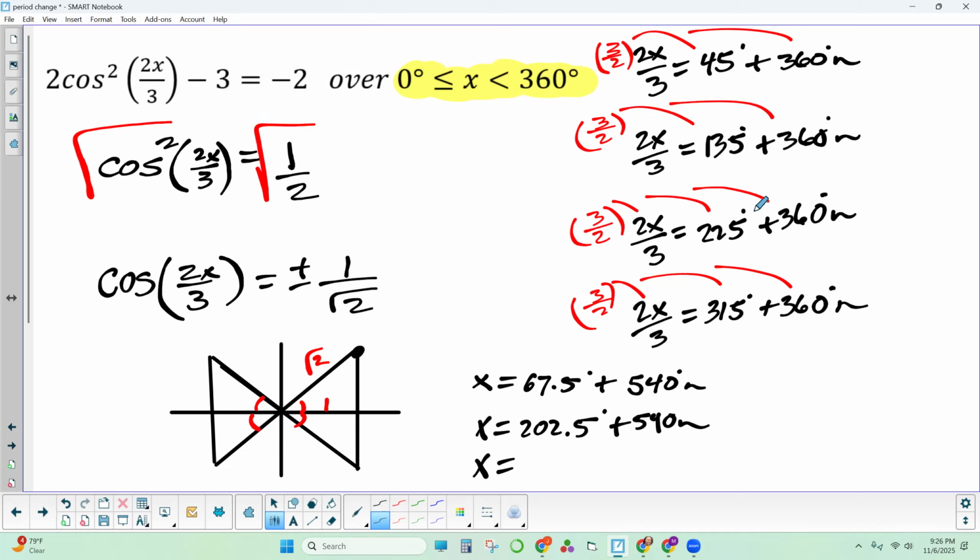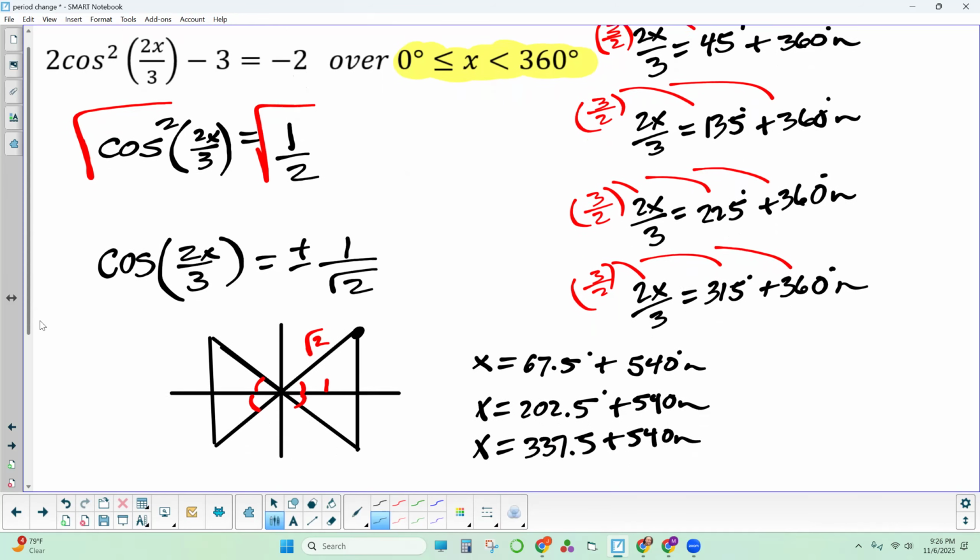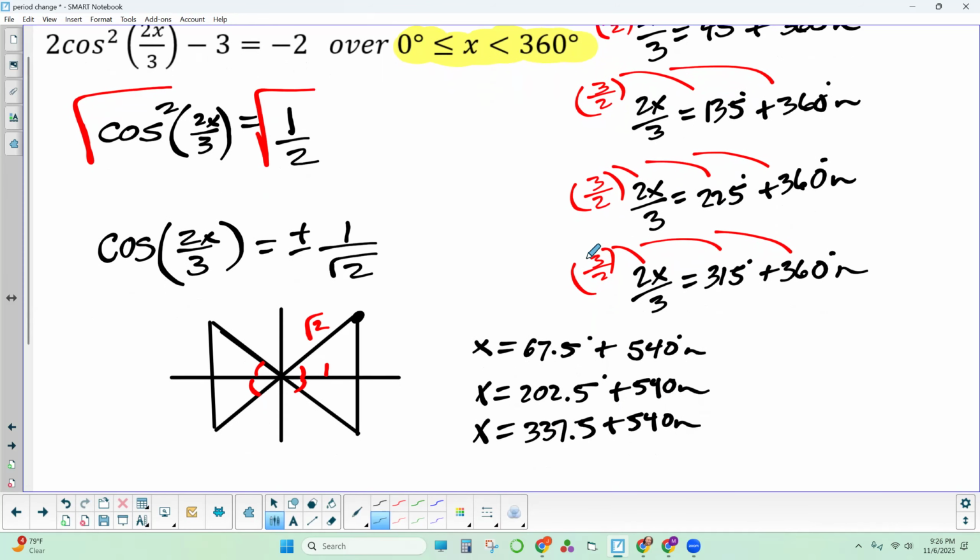And then we've got 225 times 3 divided by 2, which gives us 337.5 degrees plus 540 n. All right, one more here. 315 times 3 divided by 2 is 472.5 plus 540 n. Okay, so these are our solutions for all angles.